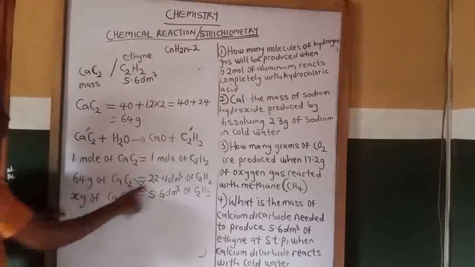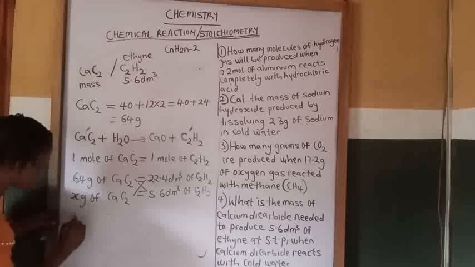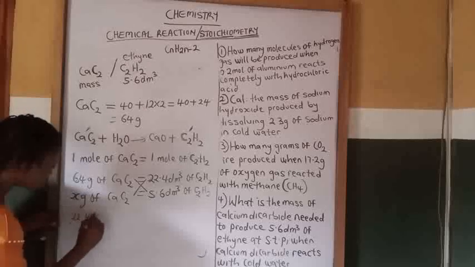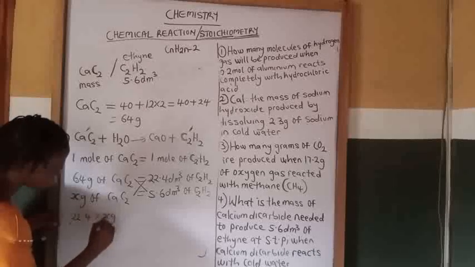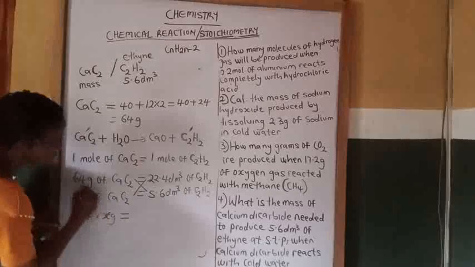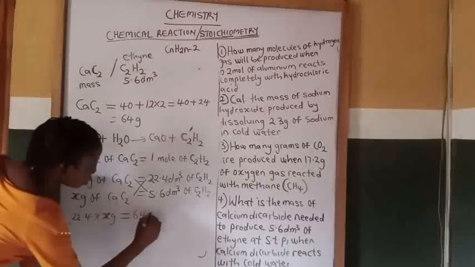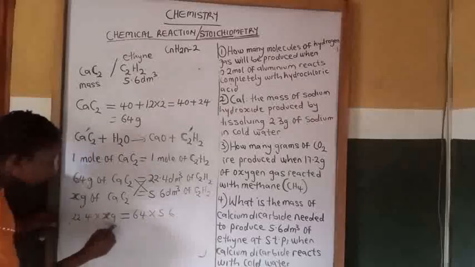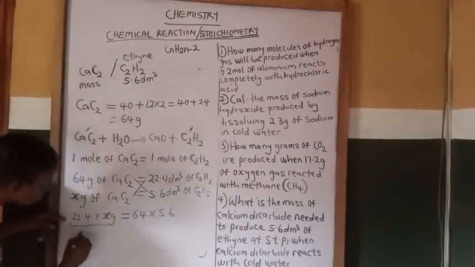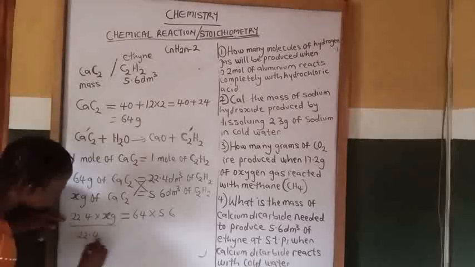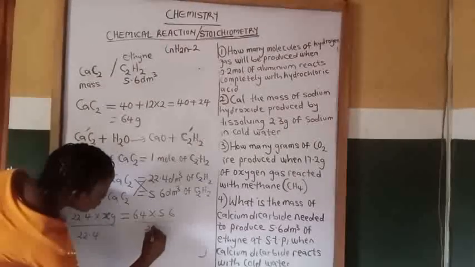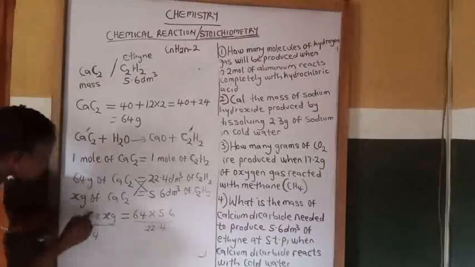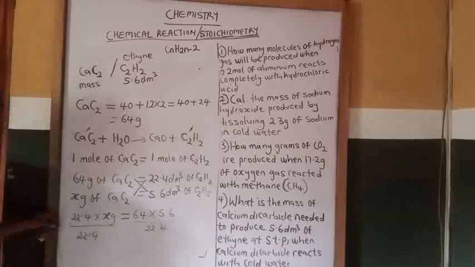So make x gram the subject of the formula. That will be 22.4 times x gram equal to 64 times 5.6. Then divide both sides by 22.4. 22.4 divided by 22.4, so we cancel 22.4.